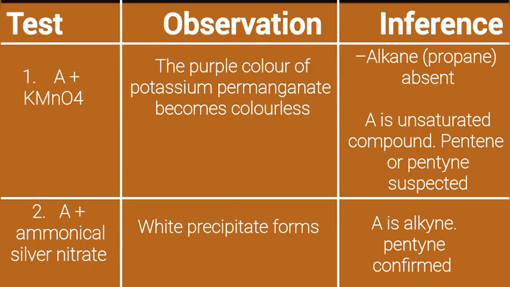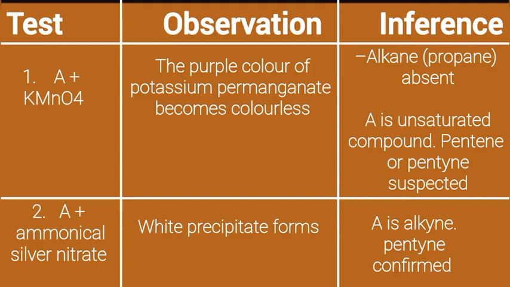In that case, it means that what I am going to confirm B to be is the pentyne, that is alkyne. But it doesn't matter. We don't know what these are. So if I decide to assume A to be an alkyne, going through this test method and then observing this as written under the observation column would give us the inference made already.